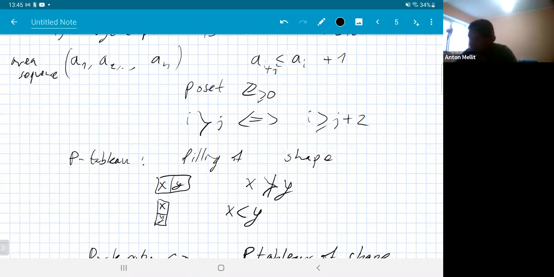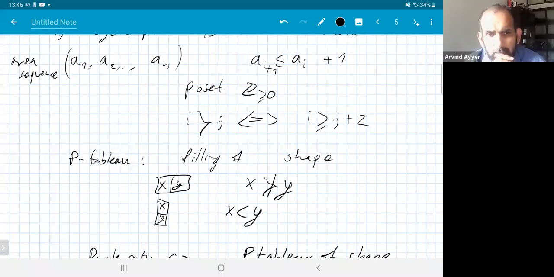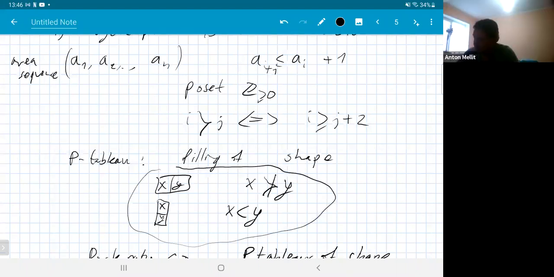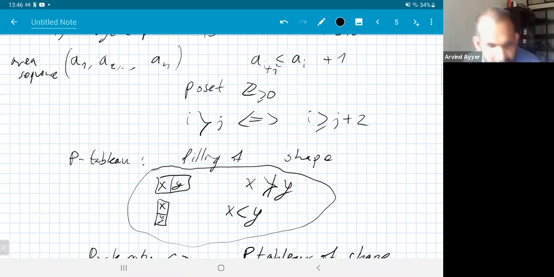So a P-tableau is a filling of a certain shape by elements of your poset P, satisfying these two conditions. So P is a poset. Okay, I see. Thank you.